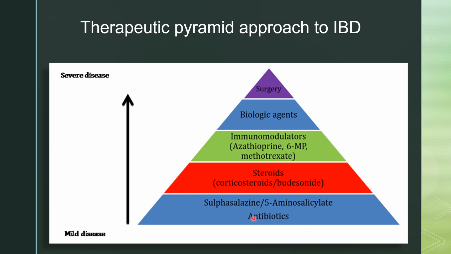Next to that is the use of steroids, either your corticosteroids or your budesonide. Going up, there's the use of your immunomodulators like your azathioprine, your 6-MP, and your methotrexate. Farther up again is your biologic agent, and the topmost is your surgery. The topmost is where your severe diseases will be managed.